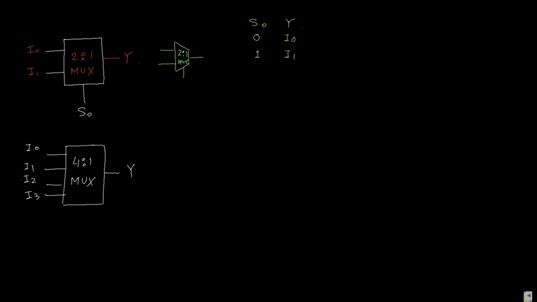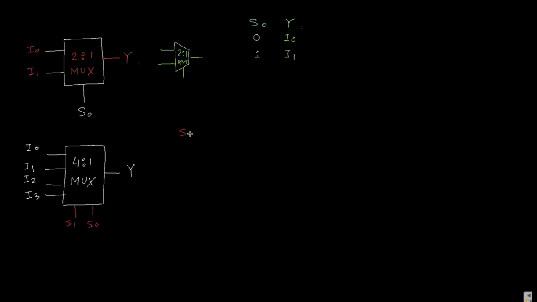The select lines are 2, since 2 to the power 2 is 4, that is S1 and S0. Depending on the select line, the input is selected, and depending on this selected input, the output is there.